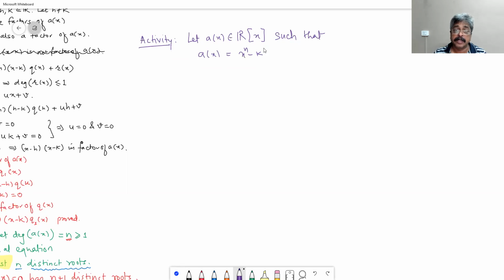to n minus k raised to n, where n is a natural number. Find a of k.